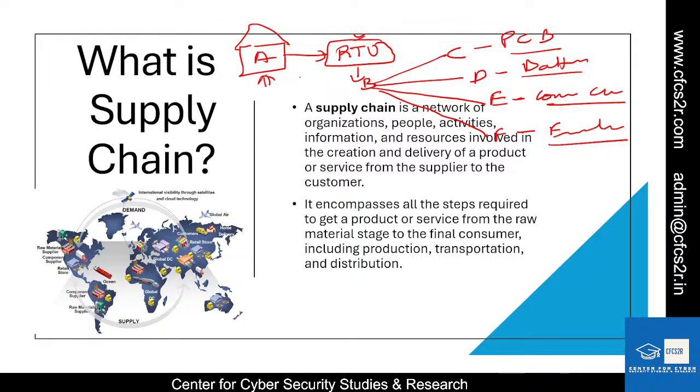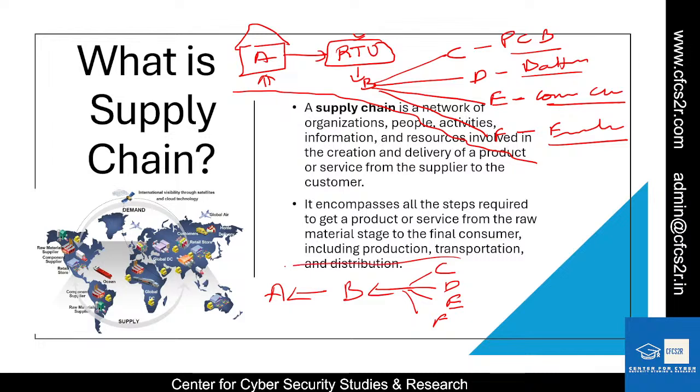So what we have to understand today is that in this entire supply chain, the chain is B to A, and different vendors are elaborated here as C, D, E, and F. This entire analogy is called supply chain, and the definition of supply chain is a network of organizations, people, activities, whether related to IT, OT, or non-IT, and sometimes resources, which are involved in the creation and delivery of products or services from the supplier to the customer.